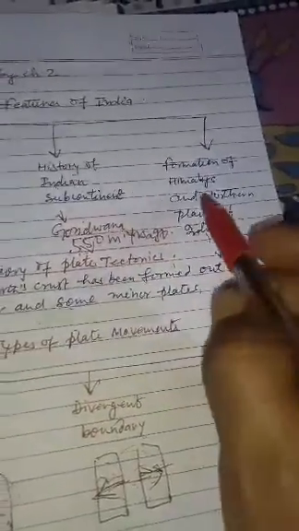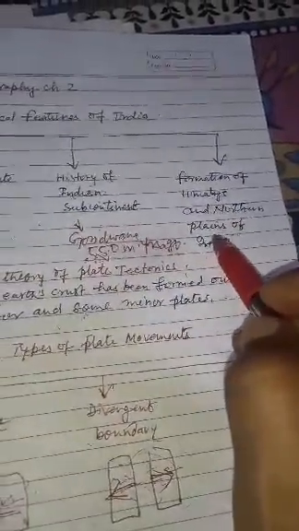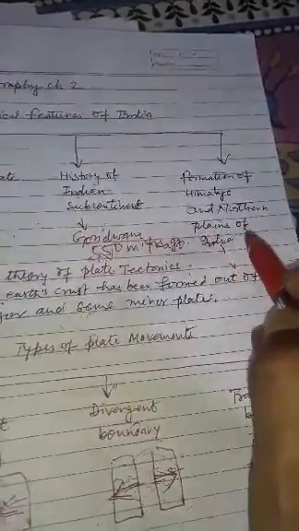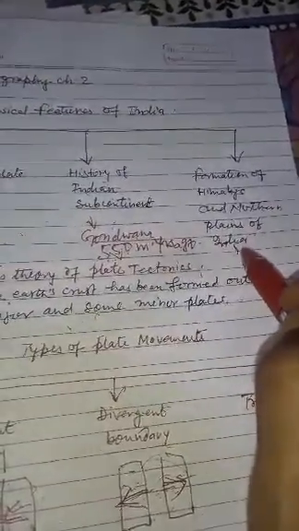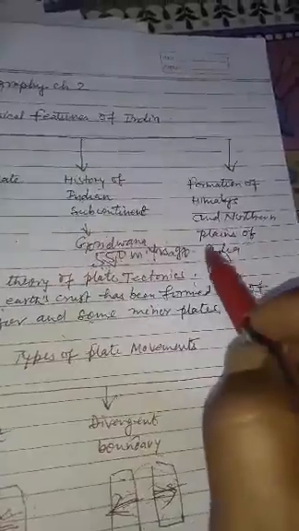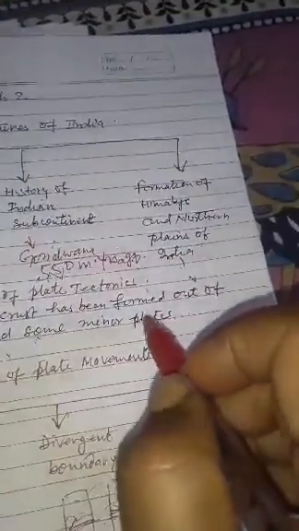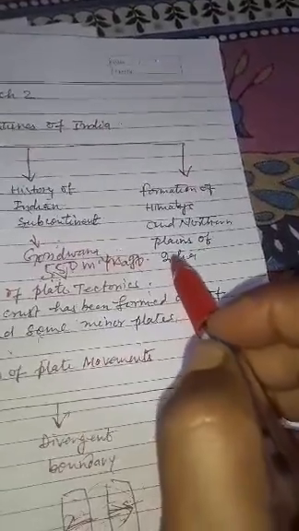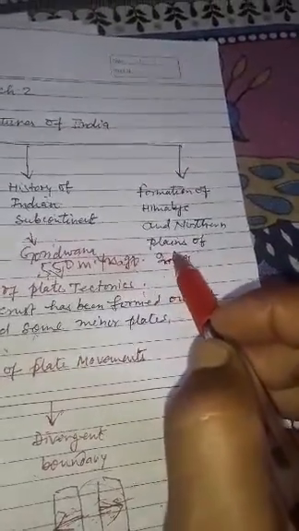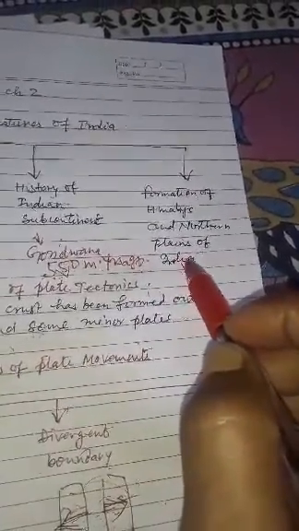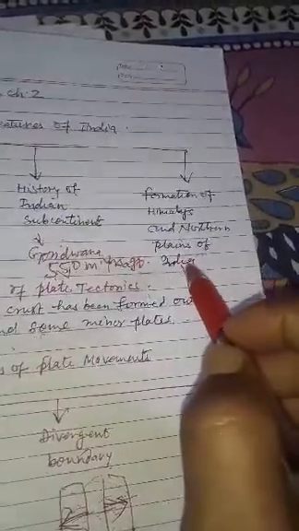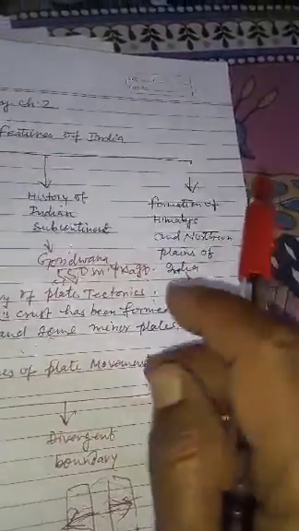Number third, formation of Himalayas and northern plains of India. What is Himalaya? The Himalayas were formed out of the sediments of the Tethys Sea and subsidence of the northern flanks of the peninsular plateau.